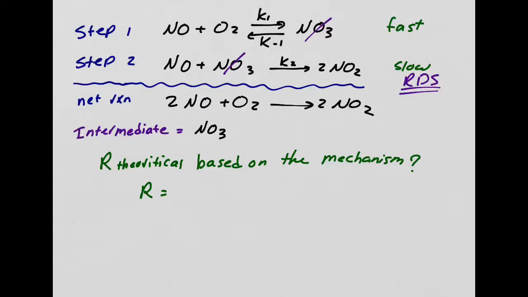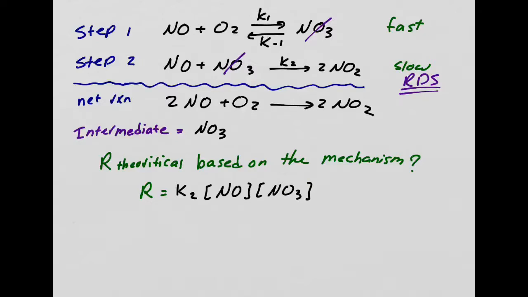So I'm going to write the rate law based on this elementary step. So it's going to be equal to K2, that's the rate constant, times NO concentration times NO3 concentration.